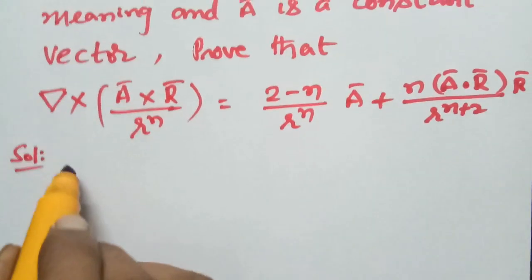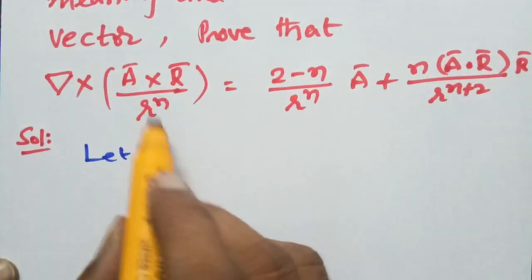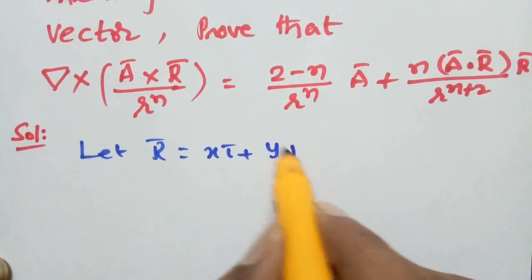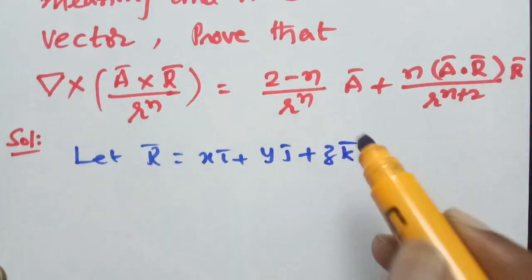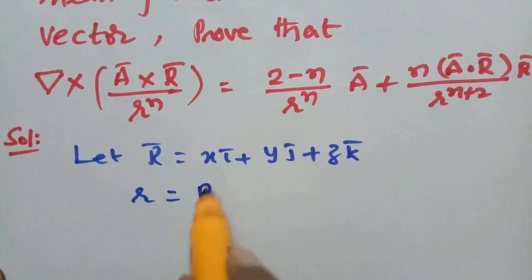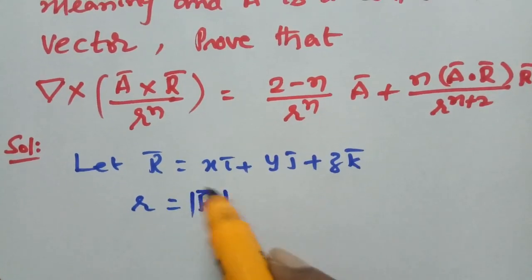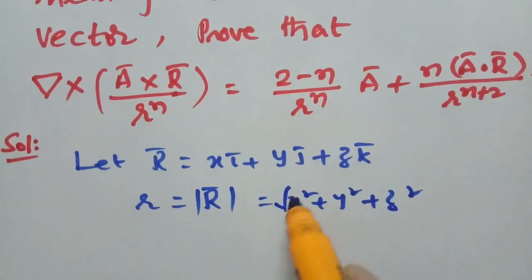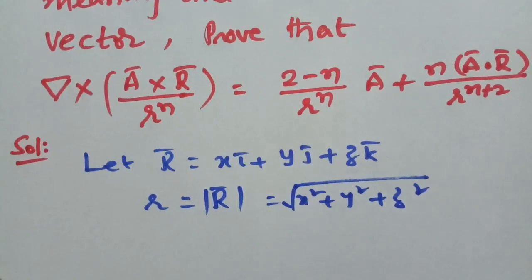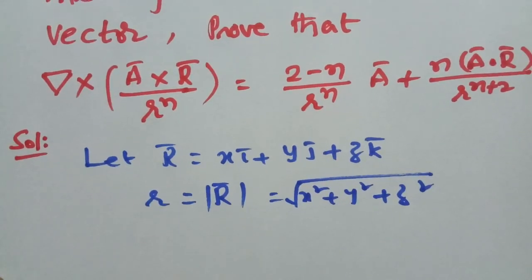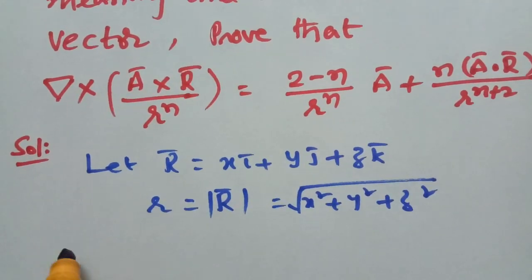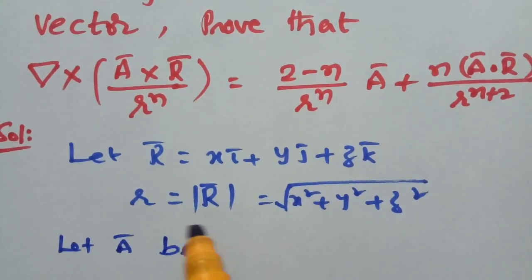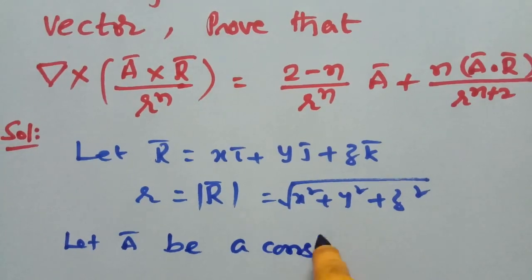Therefore, now let capital R bar is equal to xi bar plus yj bar plus zk bar. Small r is equal to modulus of r bar, square root of x square plus y square plus z square. These are the usual meanings of capital R bar and small r. Now let a bar be a constant vector.